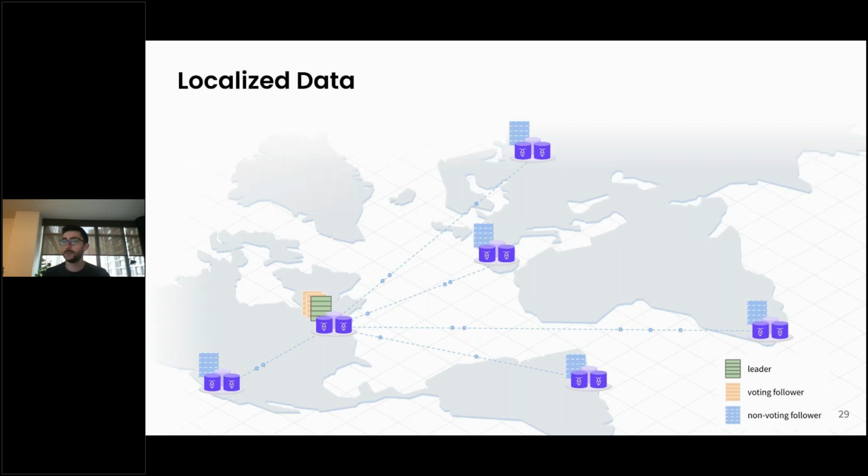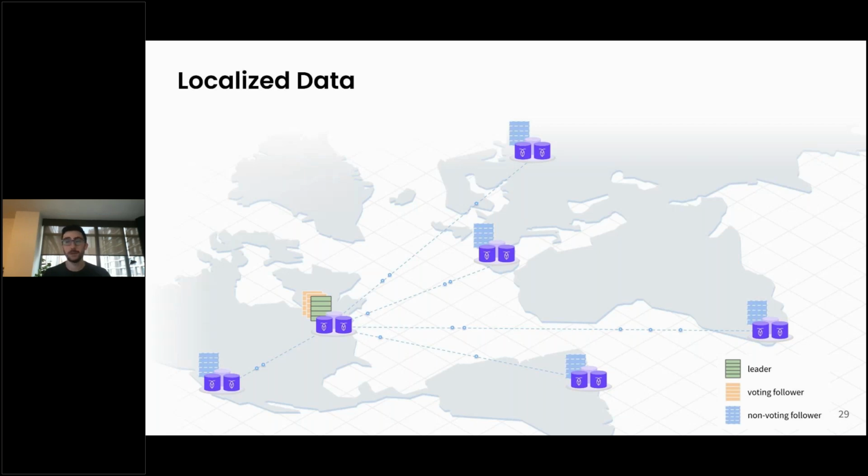We can see in this diagram that the data is homed in the eastern side of the United States. Maybe this is user data for part of the Americas, and that user data will primarily be accessed by people in that geographic region. So it makes sense to optimize the performance for that data.